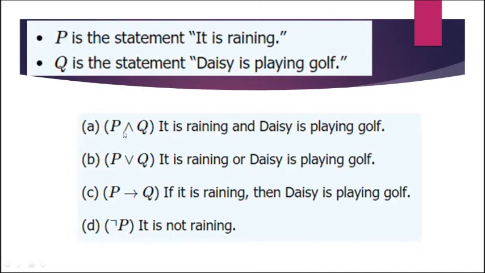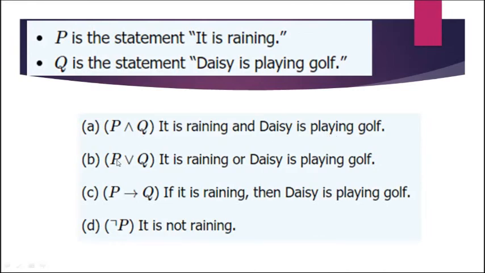The first one is the AND statement, P and Q, or statement P and statement Q. It says that it is raining and Daisy is playing golf.